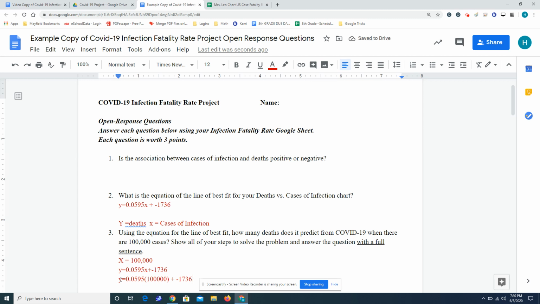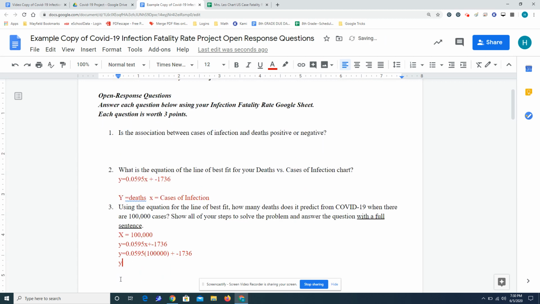At this point, you need a calculator to calculate yours. When I multiply those two together, I get 5,950. And then 5,950 plus negative 1,736 is 4,214. So my y equals 4,214. And if you look back up, we just said y is deaths. So that's going to be 4,214 deaths.